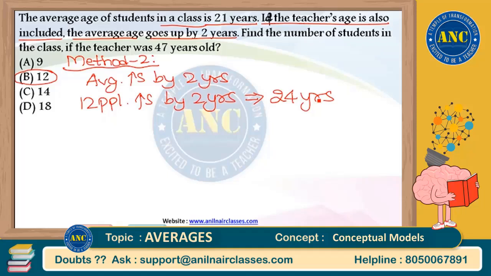Now, listen carefully. The total sum increases by 24 years. And I also know that the 2 years increase means the new average age becomes 23 years. That means the new average age is 23, so all the 13 people are 23 years right now, including the teacher.